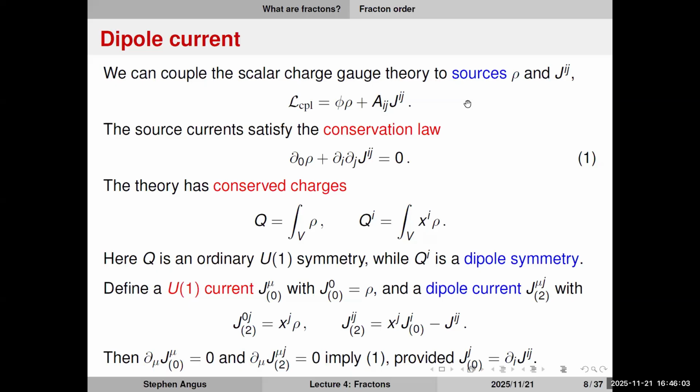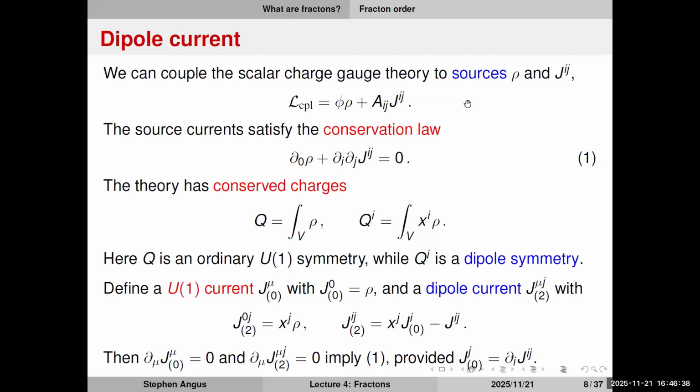Such a theory would have two types of conserved charges. One is the U1 charge, or if you like, a monopole charge. And then we also have a dipole charge, like this. So this Q generates an ordinary U1 symmetry, and Qi generates a dipole symmetry.